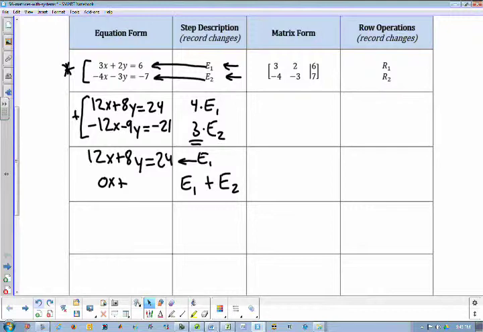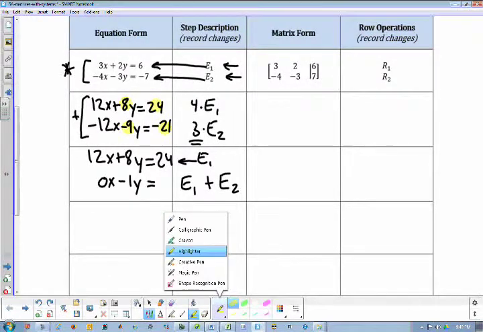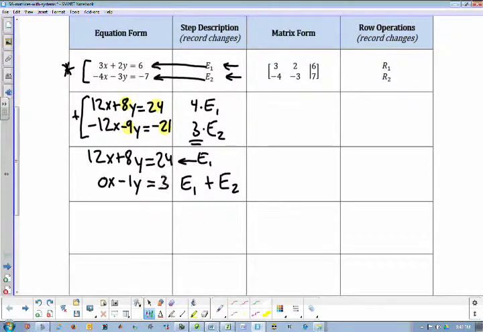If we add the y's, we get 8 plus -9, and that's going to give us -1, so -1y. We obviously don't need the 1 there. And then if we add the constants over here, 24 plus -21, that's going to give us 3.